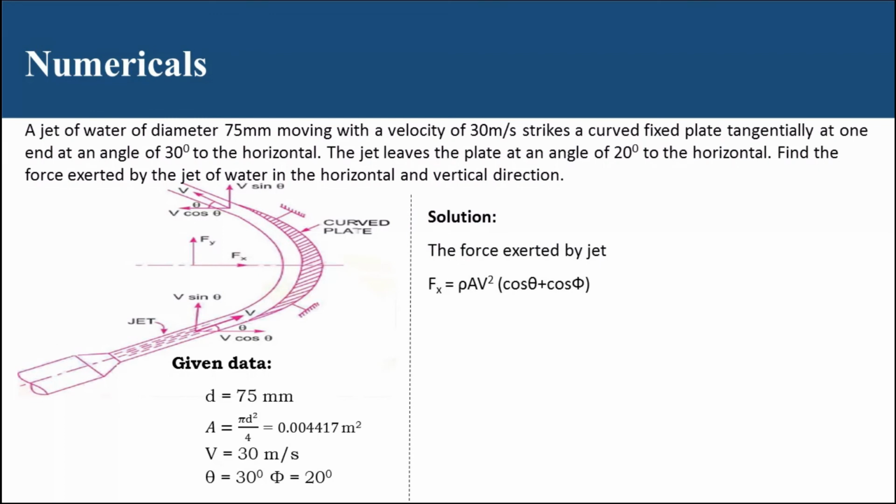So we already know the force exerted by the jet on the unsymmetrical curved plate along x direction. So Fx equals rho a v square (cos theta plus cos phi). So put all the values. So Fx equals 1000 into area, that is pi by 4 d square we had calculated, so it is 0.004417 into the square of velocity, which is 30 square, into cos 30, the value of theta, plus cos 20, the value of phi.